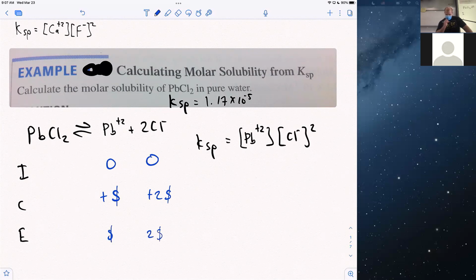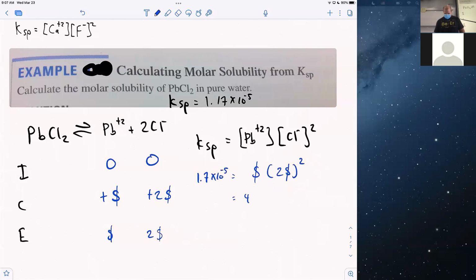So our Ksp is the lead ion times the chloride anion squared. So 1.7 times 10 to the minus 5 equals solubility times 2 solubility squared. And this is the most common mistake, if you're wondering: not squaring the 2 inside.